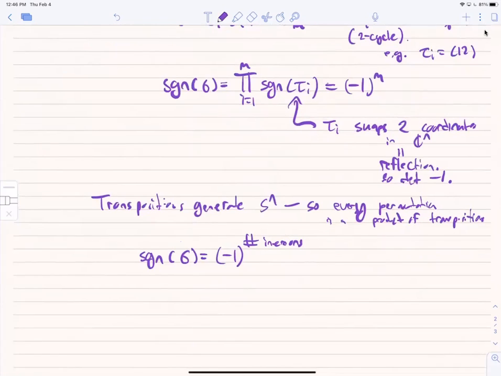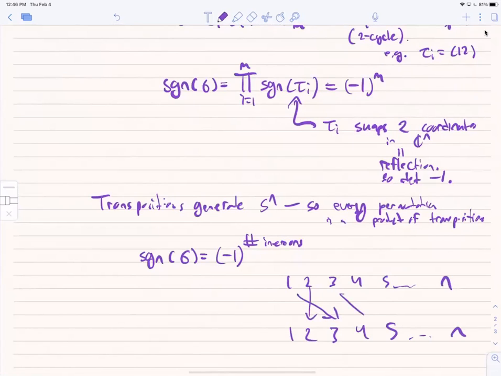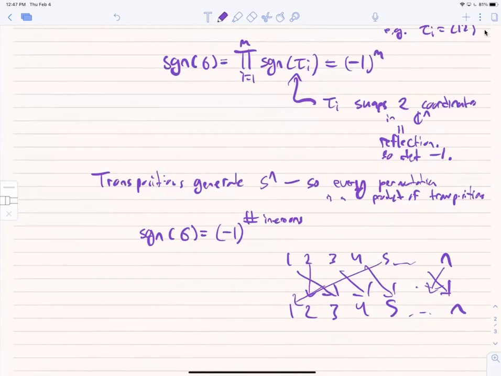So what's an inversion? If you have 1, 2, 3, 4, 5, up through n, there are all these different ways you can write a permutation, but one of them is just arrows saying where everything goes. Then the number of inversions is just the number of points where two arrows cross.